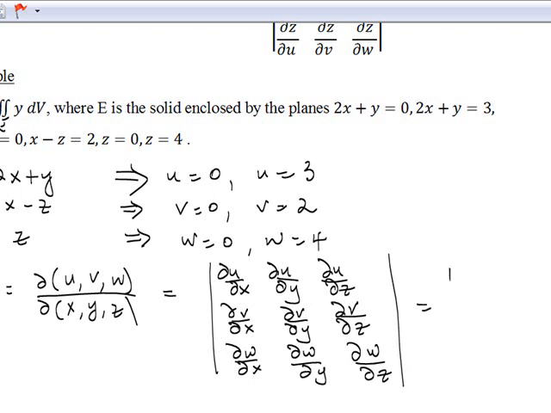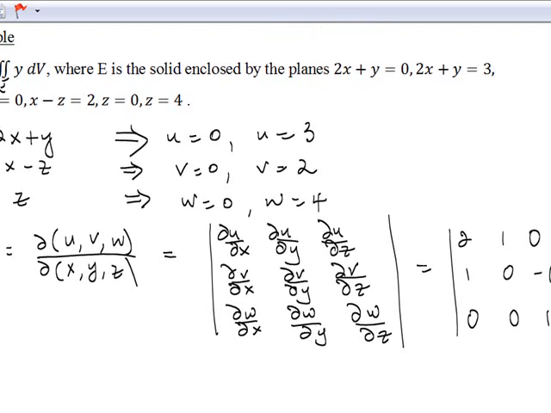Now you find all the partials, and they are 2, 1, 0, 1, 0, minus 1, 0, 0, 1, and you put that into your calculator and you get minus 1. And so J is also minus 1.